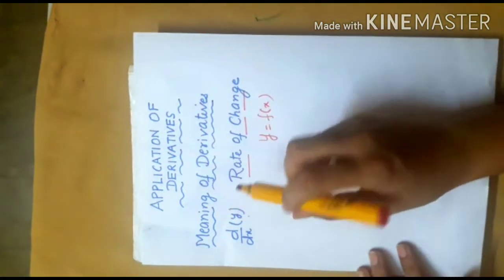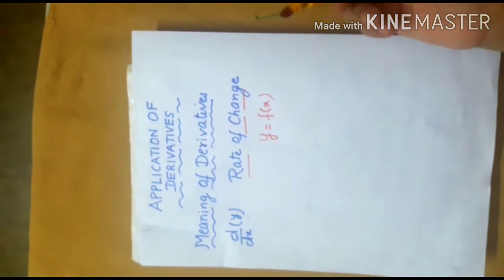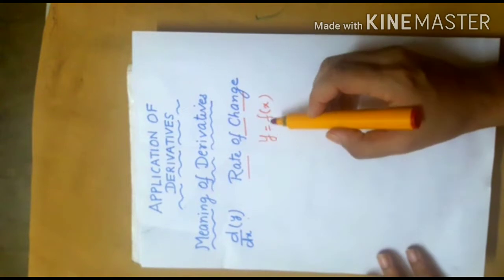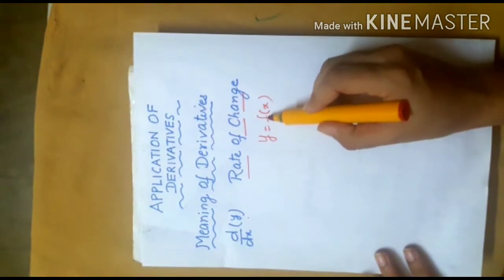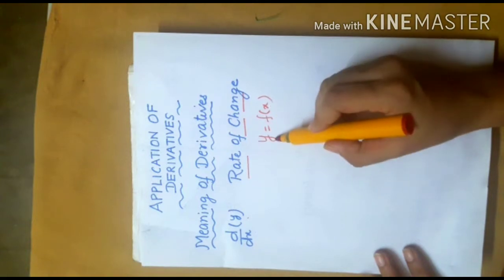Let us recall the meaning of derivatives. Let y equal to f(x) be a differentiable function. Differentiable means the derivative of f(x) exists. Now here y is equal to f(x). Here x is the independent variable and y is the dependent variable.